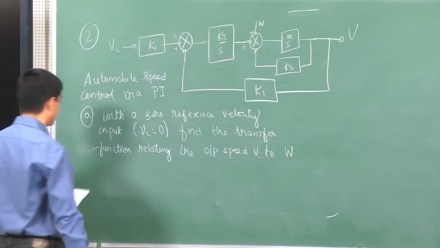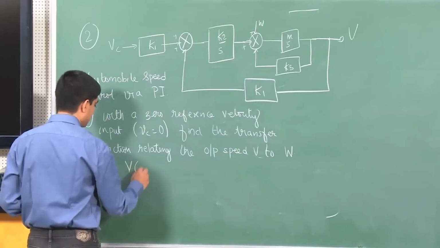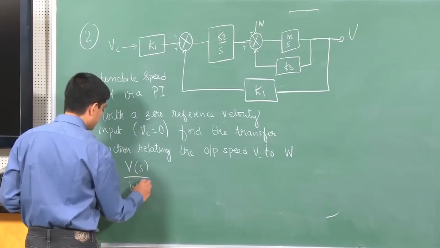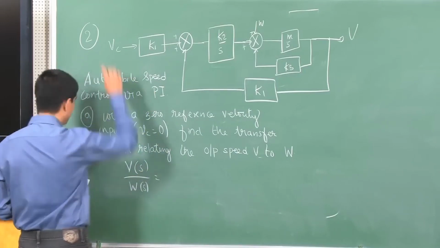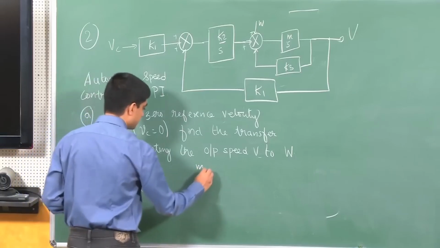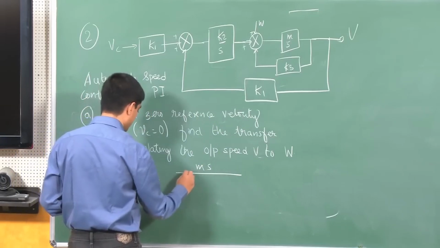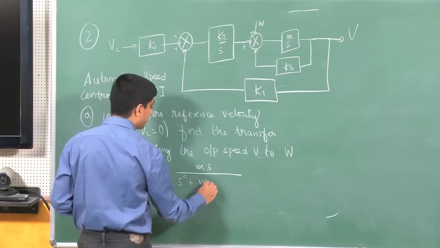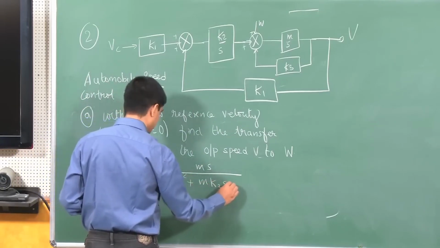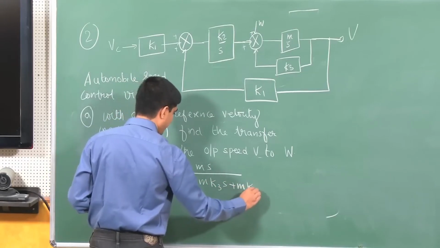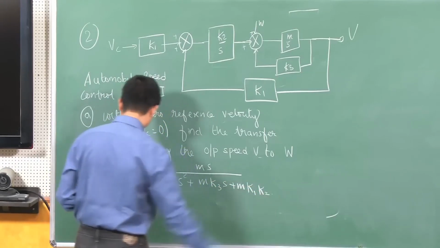Okay, this is not really a big deal. V(s) over W(s), assuming Vc to be 0, I can easily compute this as M(s) over (s square plus M K3 s plus M K1 K2).